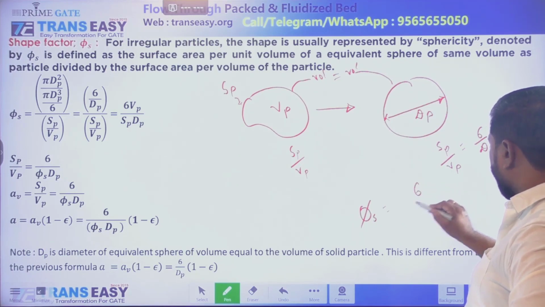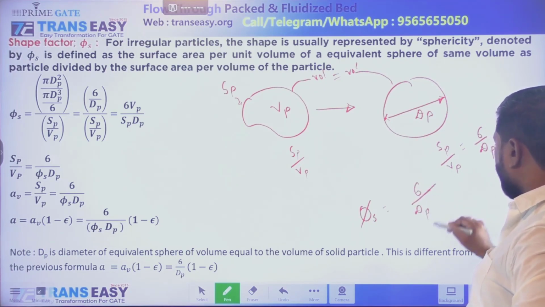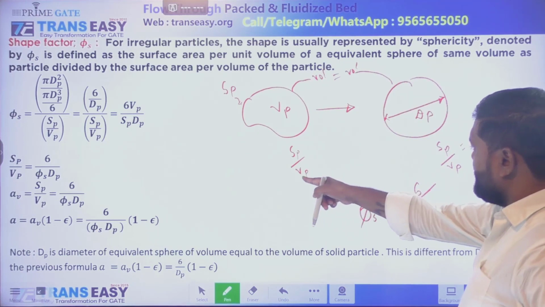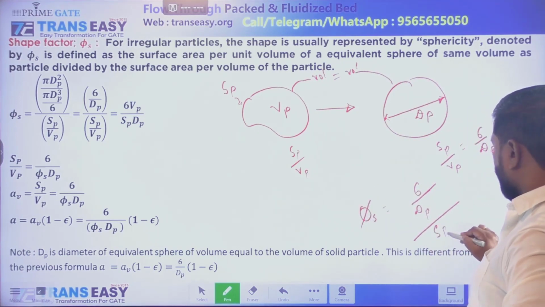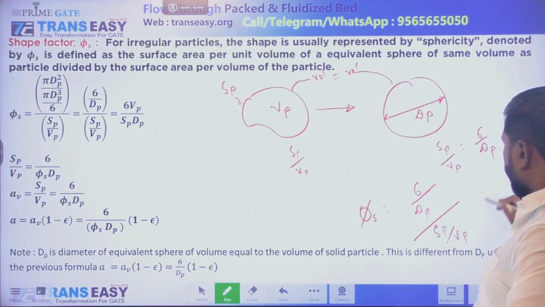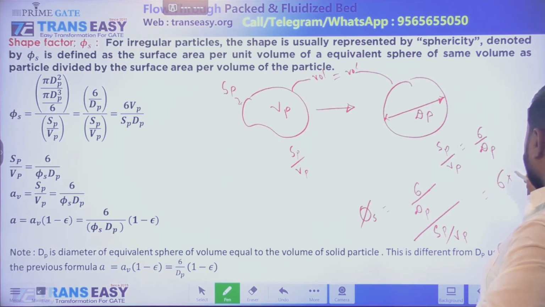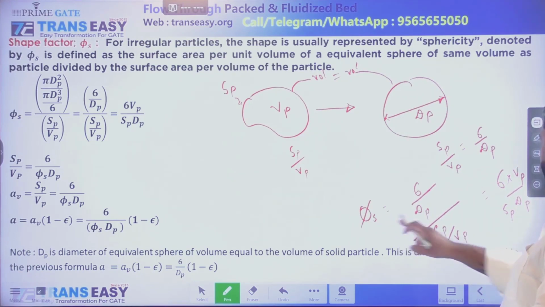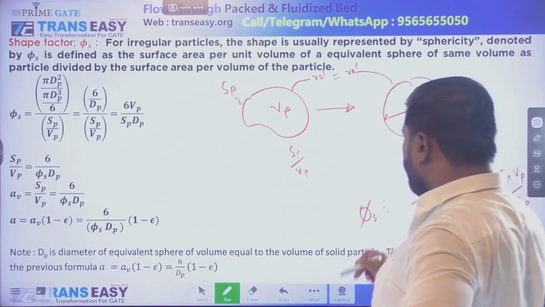So 6/dp divided by this sp upon vp. vp चला जाएगा ऊपर, 6 times vp upon sp dp. This is sphericity, right?